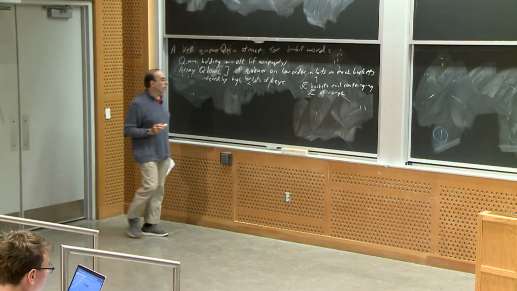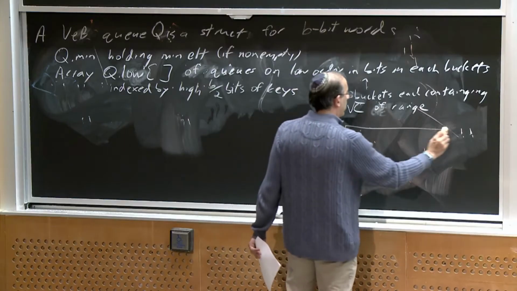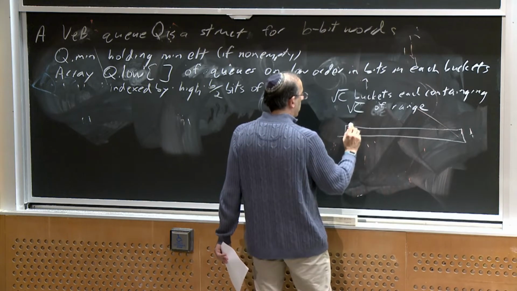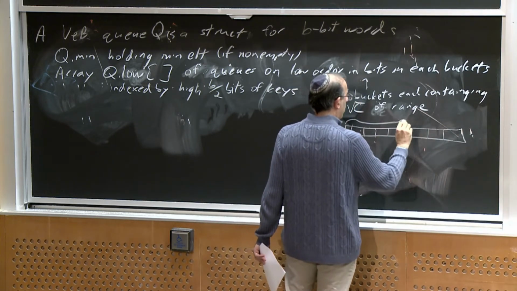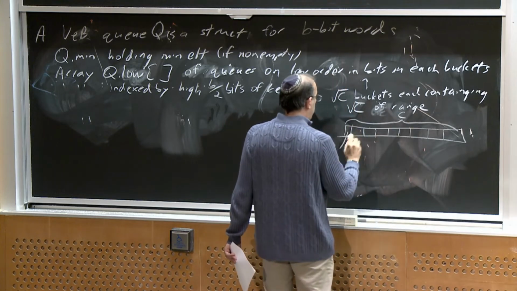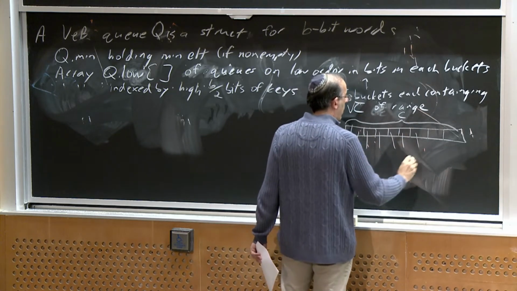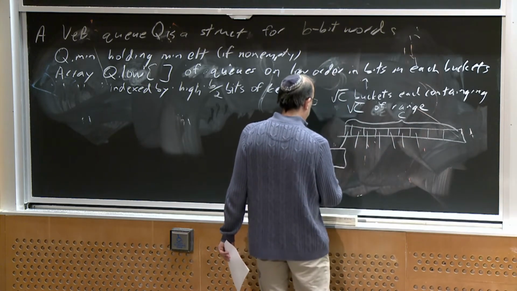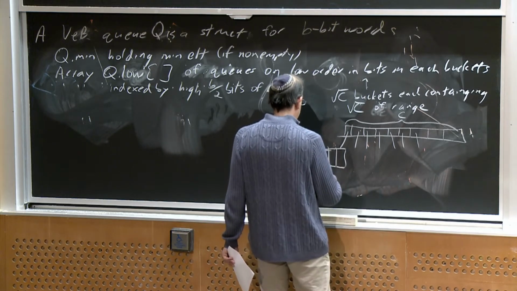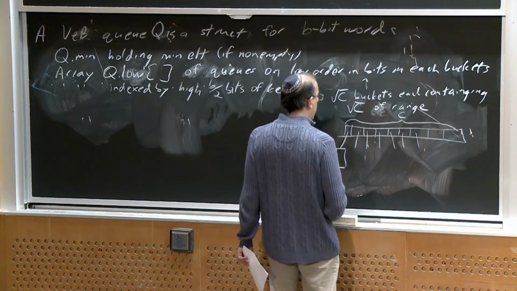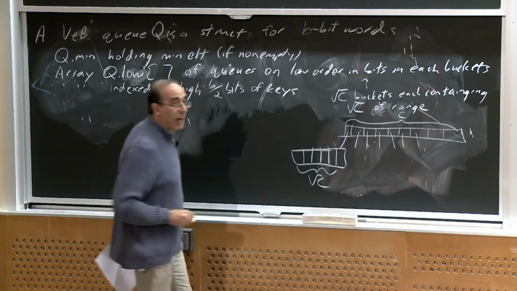Okay. So basically, pictorially, right, you've got this whole array of size C. And now we're just doing our usual thing with the tries, where each array contains root C items of the entire C range.